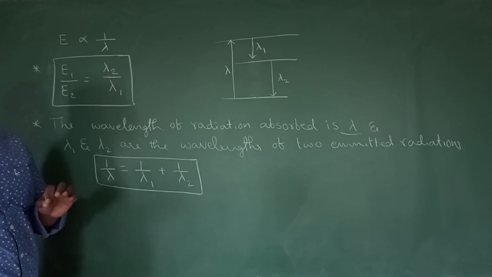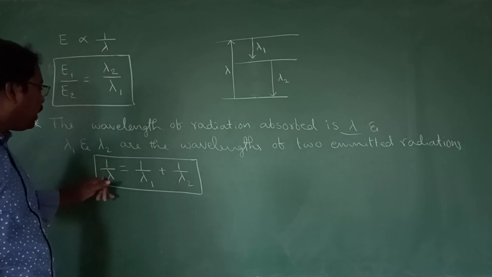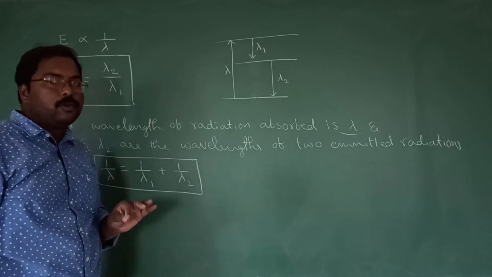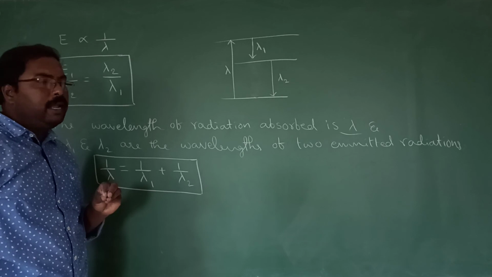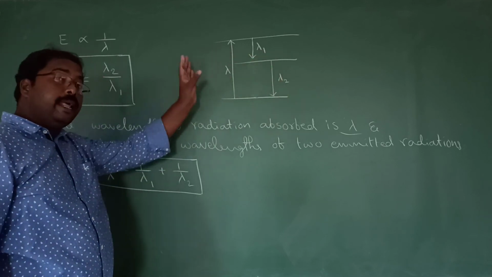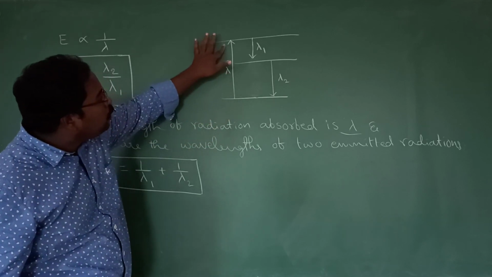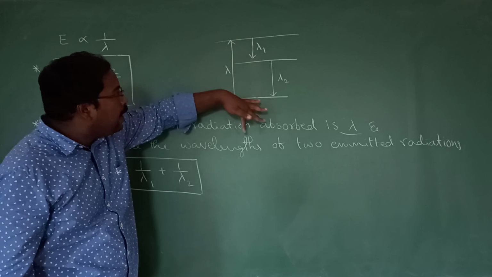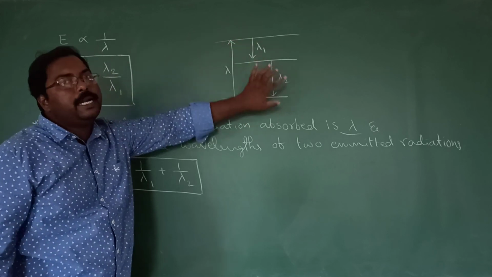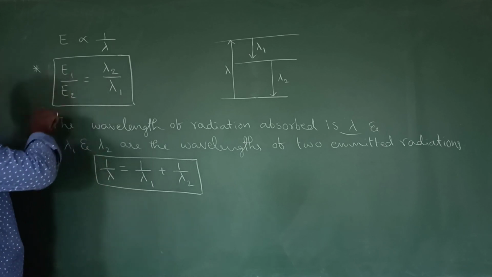Somebody may make a mistake in the examination by writing lambda equals lambda 1 plus lambda 2. We should not do it like this, because wavelengths won't be equal. Energy will be equal. The total energy absorbed during the jump will be the same as the energy released when it comes to the bottom. So we should equate the energy.